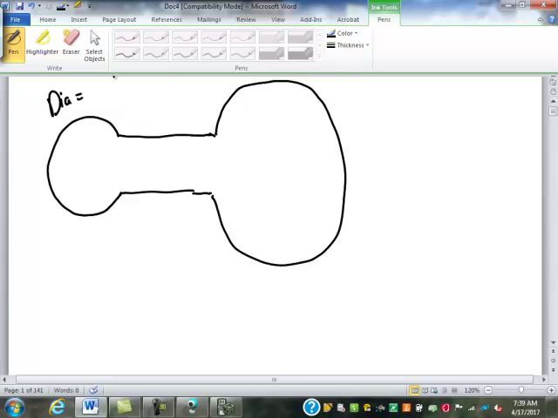So the diameter is 80 millimeters on this side. Let's go 200 millimeters on this side. The distance across here, we're going to go 100 millimeters. Distance across here, we're going to go 50 millimeters.